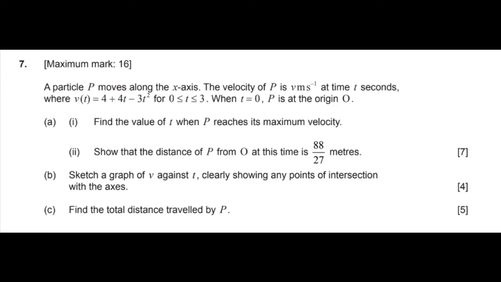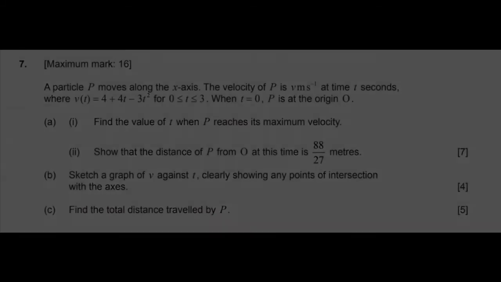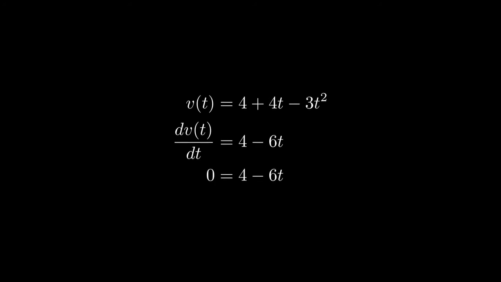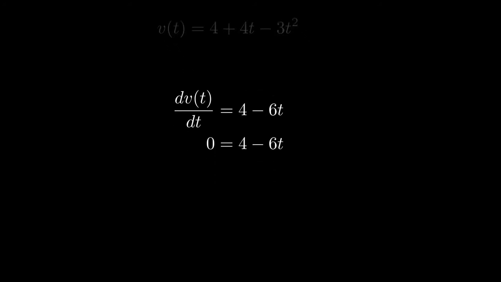Okay, so here's the velocity. That's given. We're going to take the derivative to find the maximum. It's a pretty straightforward derivative to find. And we're going to set it to 0. Let's move the 6t over to the left.